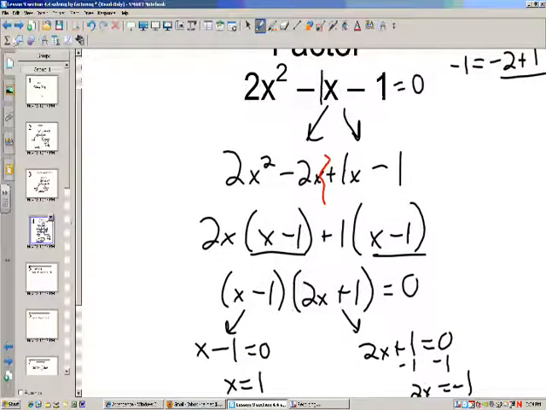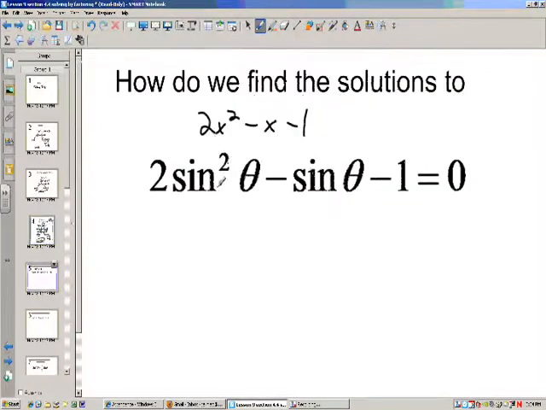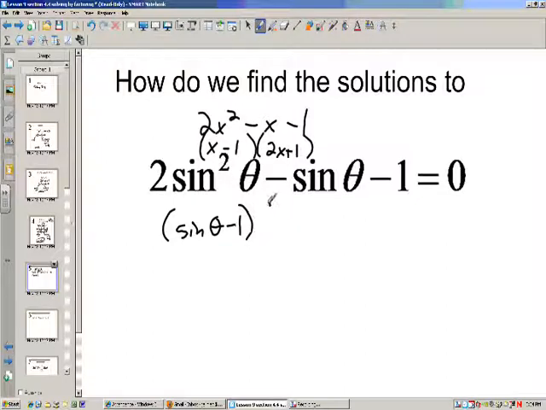So x minus 1, 2x plus 1, and then put in our sine back. So it would be sine of theta minus 1, 2 sine of theta plus 1 equals 0.